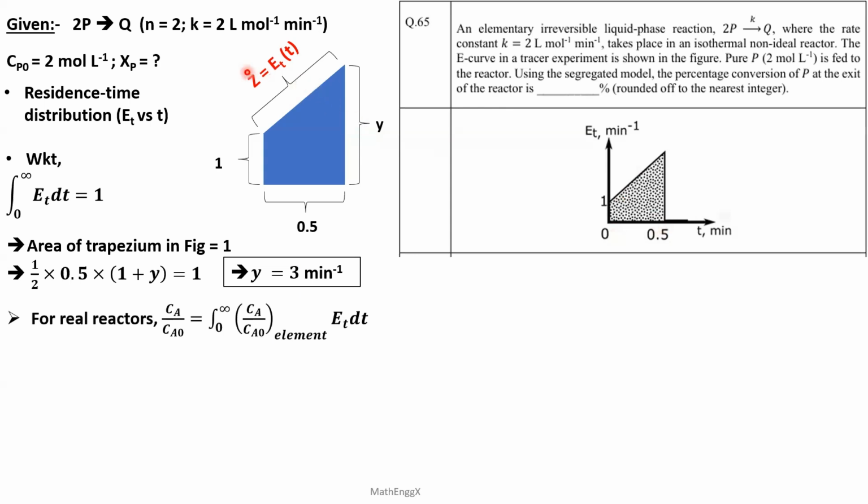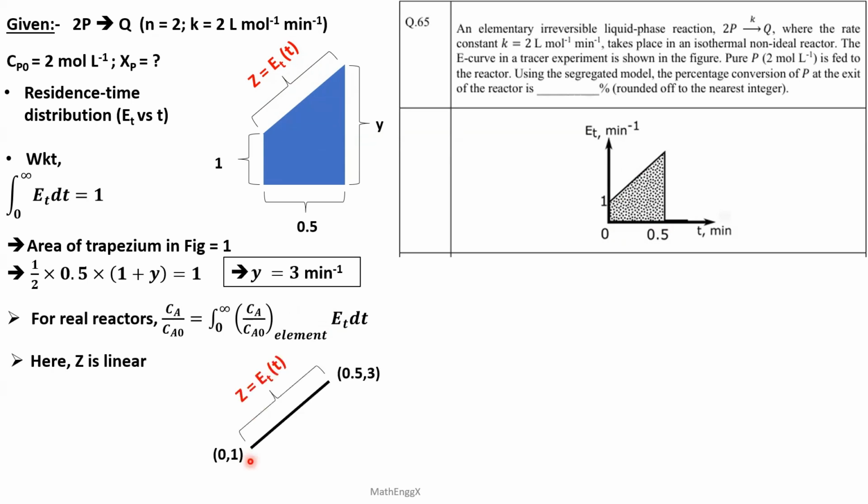I have depicted it as capital Z. Capital Z is a linear function of time. So E varies from 0 to 0.5 as a function of time. We first have to figure out the functional form of this Z and then substitute that in the CA by CA0 expression to get the final concentration of A.